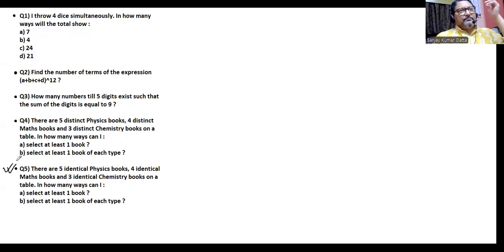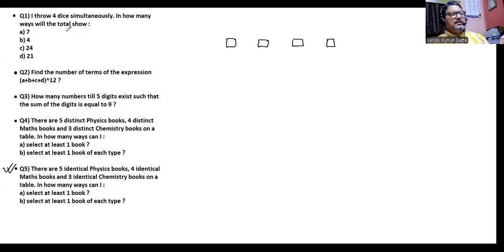And how do you do them? I throw 4 dice simultaneously. So you see dice, I hope you understand, Ludo wala. So see 4 dice. You have thrown 4 dice simultaneously. In how many ways will the total show 7? How do you do that?